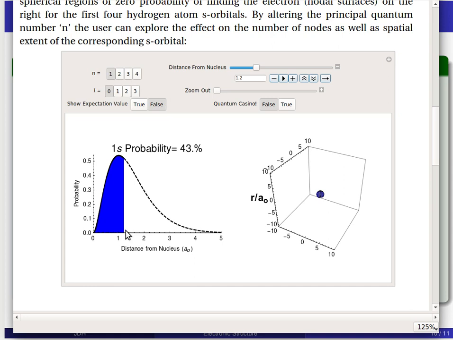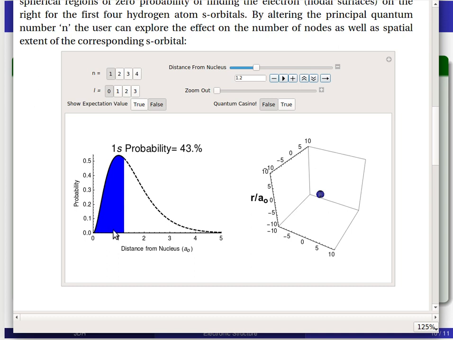Well, to determine that probability, we're just looking at the total area under the curve of this probability distribution function, which is an integral for those of you who've taken calculus. So the area under this curve up to 1.2, and it turns out that that corresponds to about 43% chance, which means if you are measuring the location of an electron, then 43% of the time you would expect to find that electron within a distance of 1.2 Bohr radii.